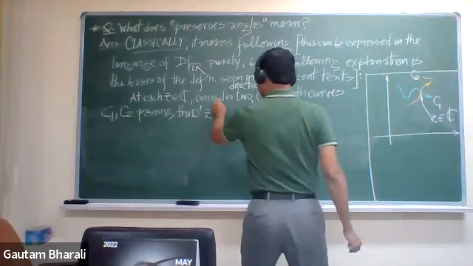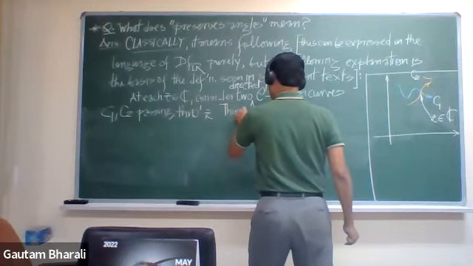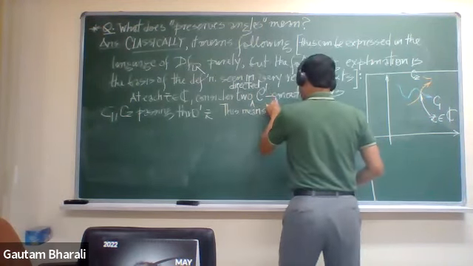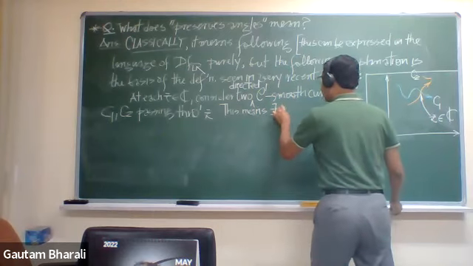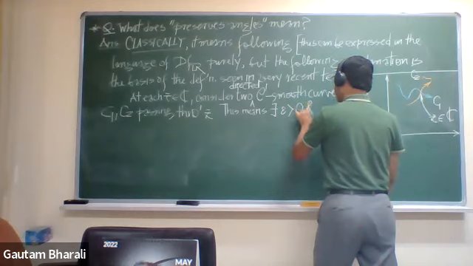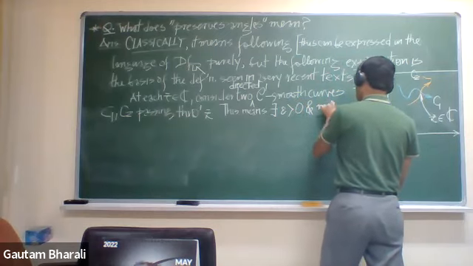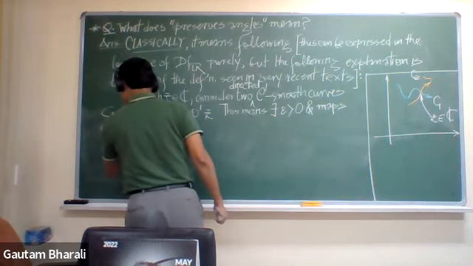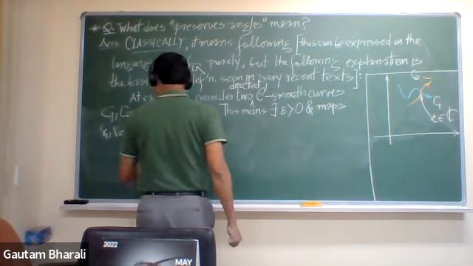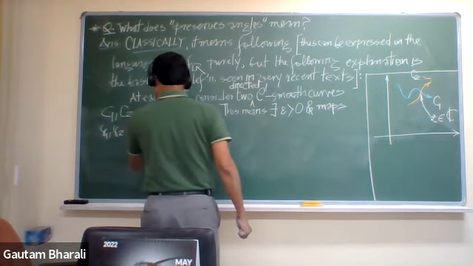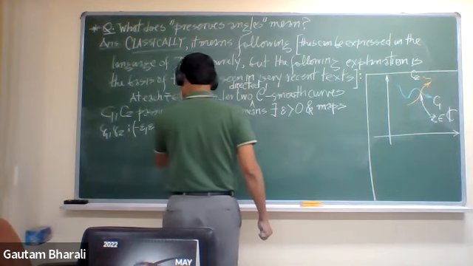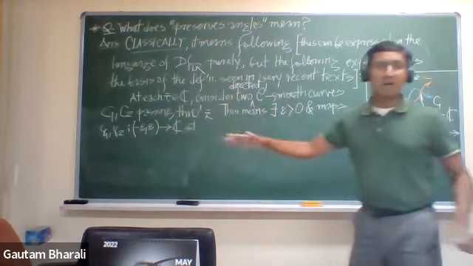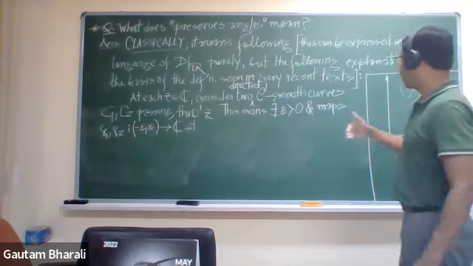You'll see in a moment why I want directed curves. So what does this mean? This means that there exists some epsilon positive and maps gamma 1 and gamma 2. These are maps from minus epsilon to epsilon into C, such that these gammas are parametrizations of C1 and C2.